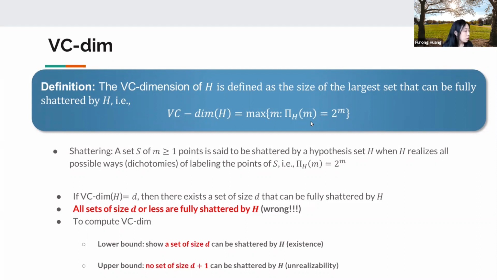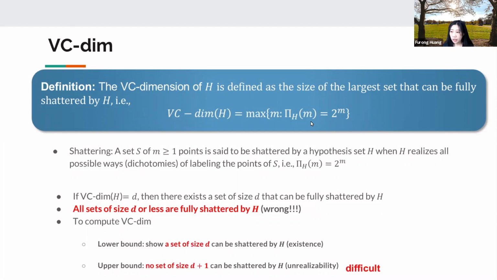But more importantly, and a little bit more challenging, is to show the upper bound of the VC dimension. It's like no set of size D plus 1 can be shattered by H. This is talking about the unrealizability.